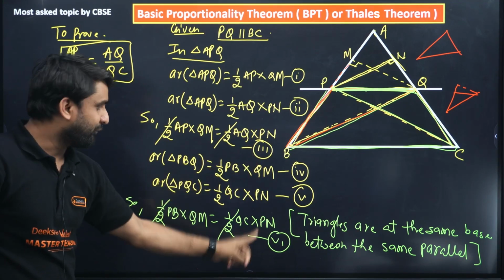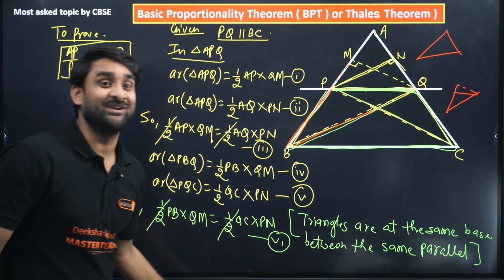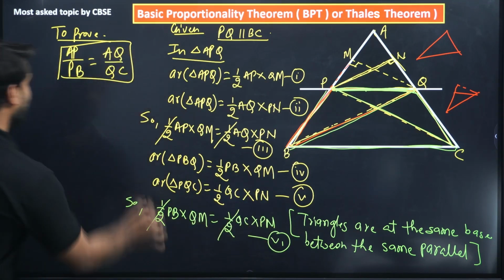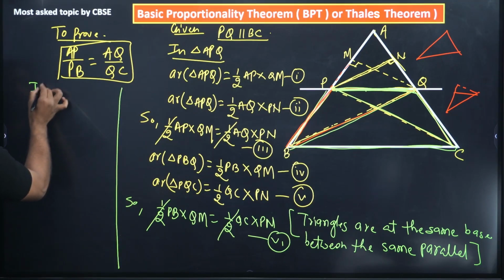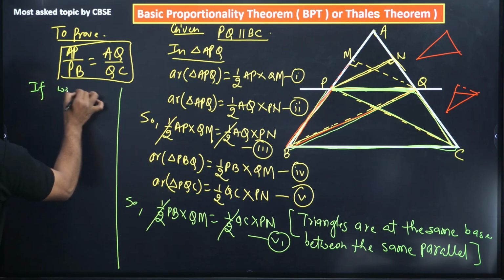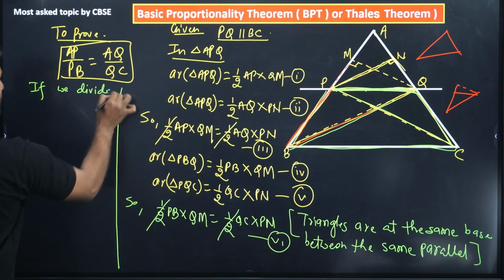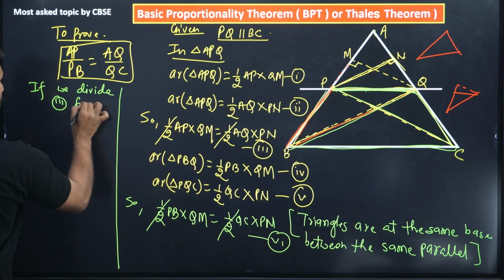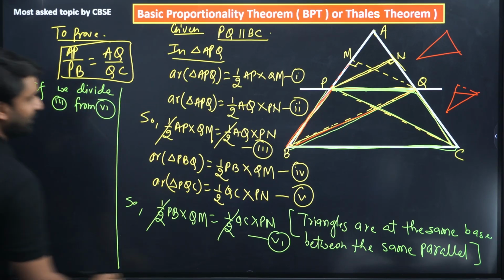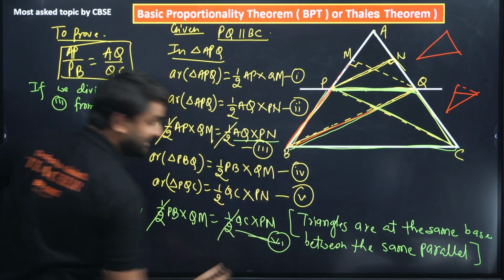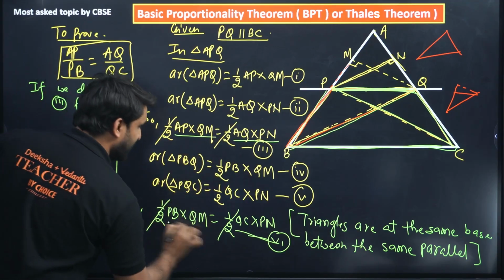Divide third from sixth, and the magical result will be in front of you. So if we divide third from sixth, wow, so right side will be divided by right side and the left side will be divided by left side.